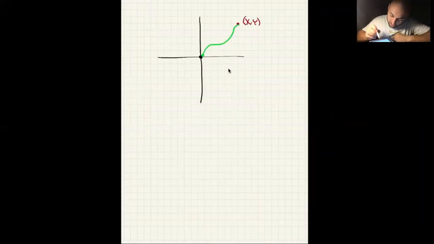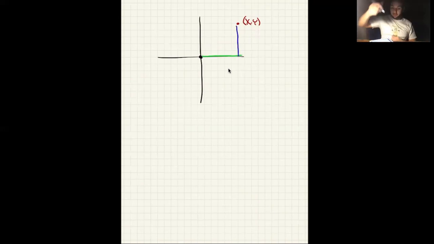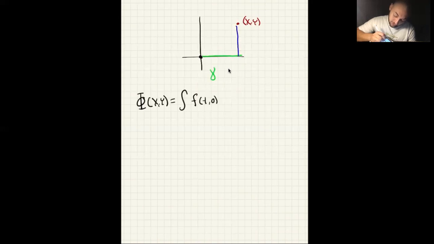I'm going to pick the path gamma to look like the following. I'm going to first go along y equals 0, and then I'm going to integrate alpha along constant x, with y ranging up to my y coordinate. If you work out what this gamma has to be, it has two components. If you parameterize this, one choice of phi could look like this: the integral of f(t, 0) dt, where t begins at 0 and ends at x.